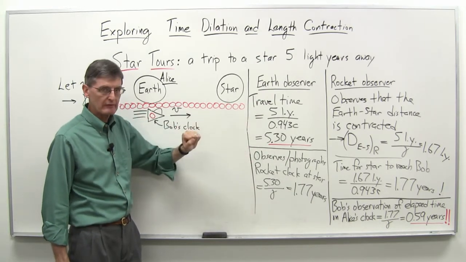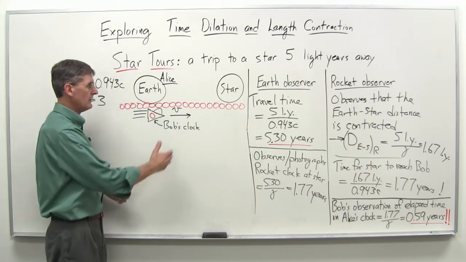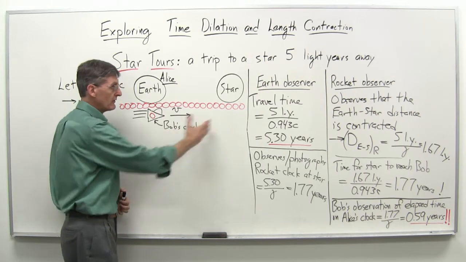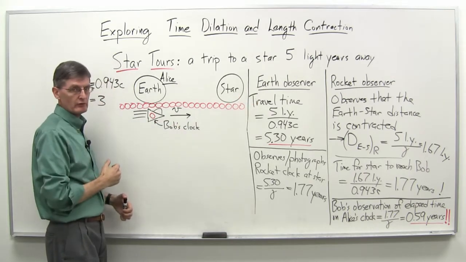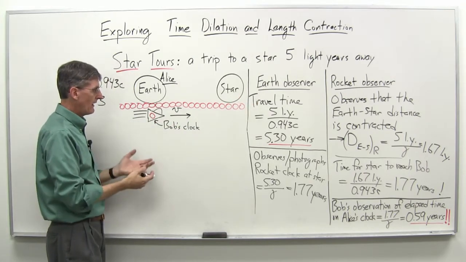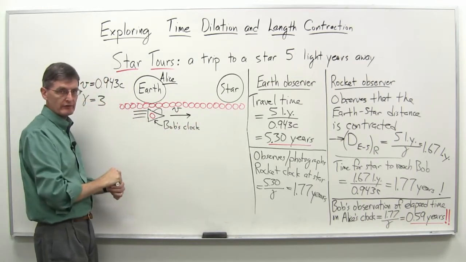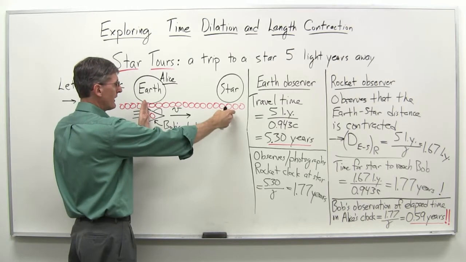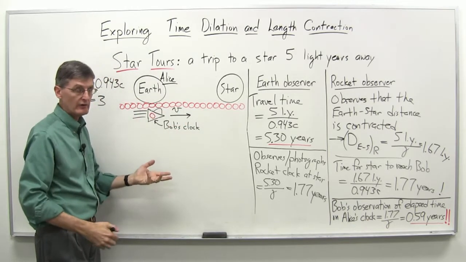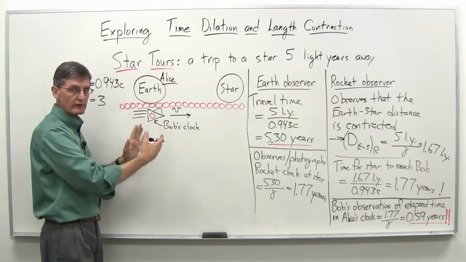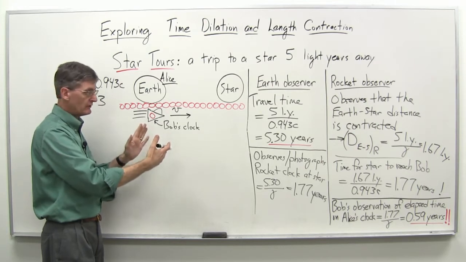What's Bob's perspective? He's the rocket observer. He observes, in his frame of reference, the Earth star system moving to the left, and therefore he sees a star rushing toward him at 0.943 c, and therefore this 5 light year distance, 5 light years to Alice, to him is only 1.67 years. It's a contracted distance.